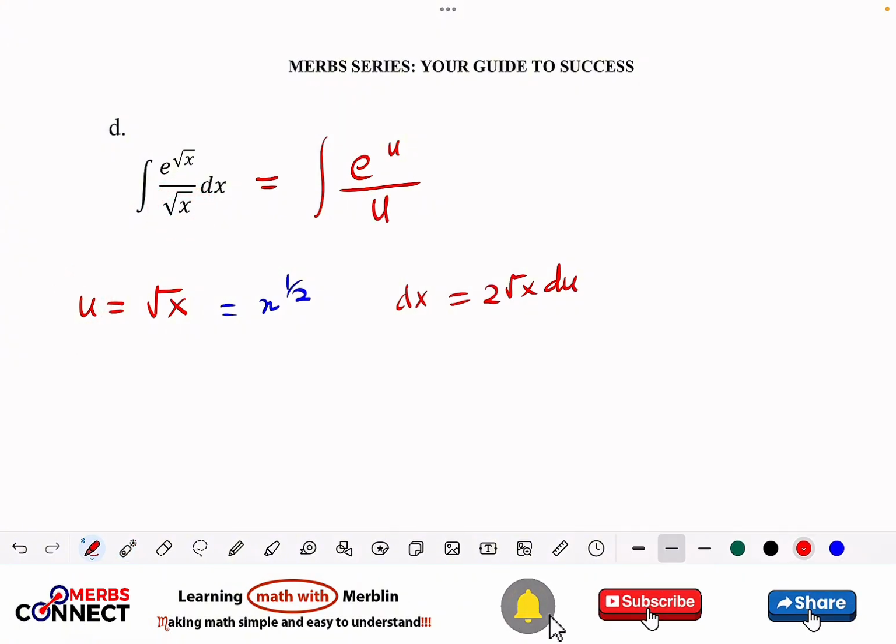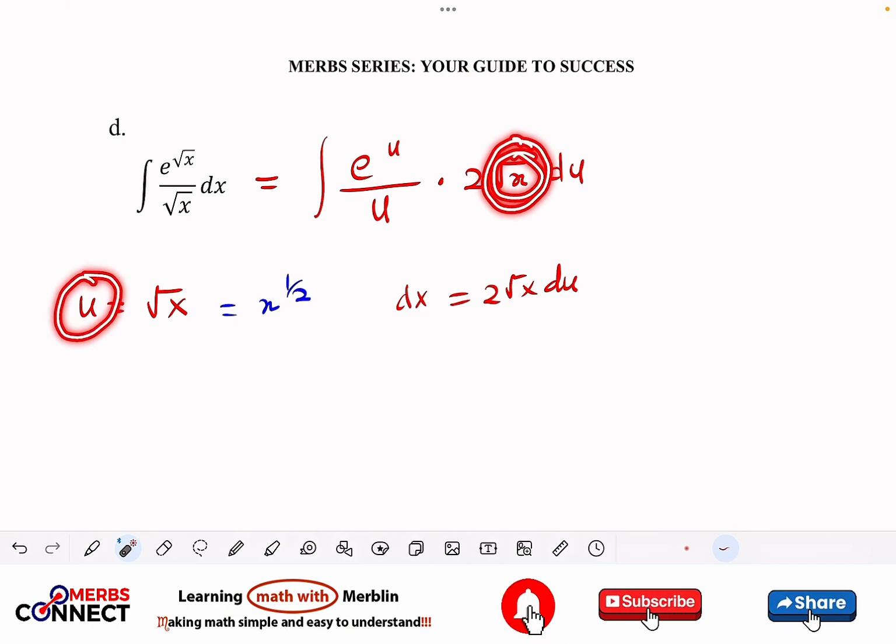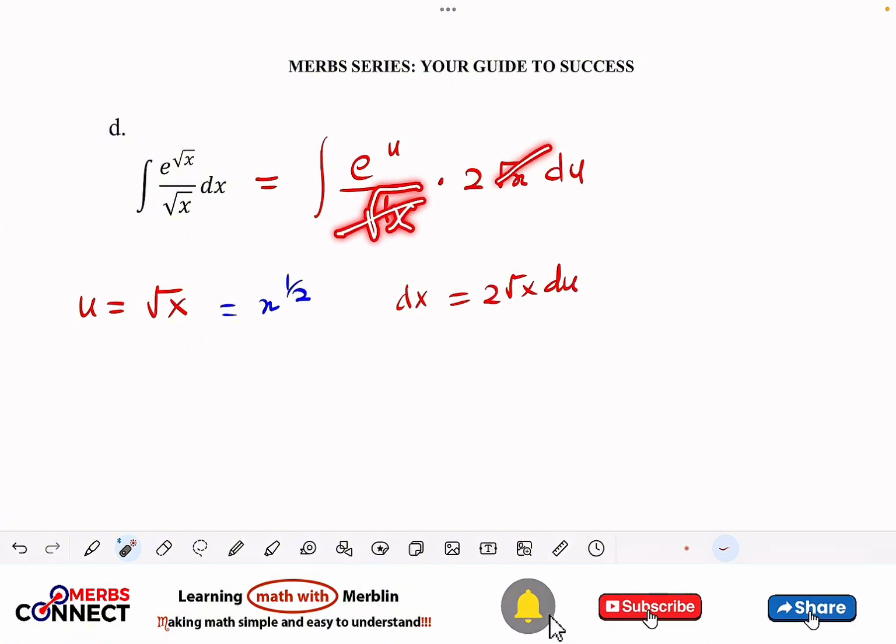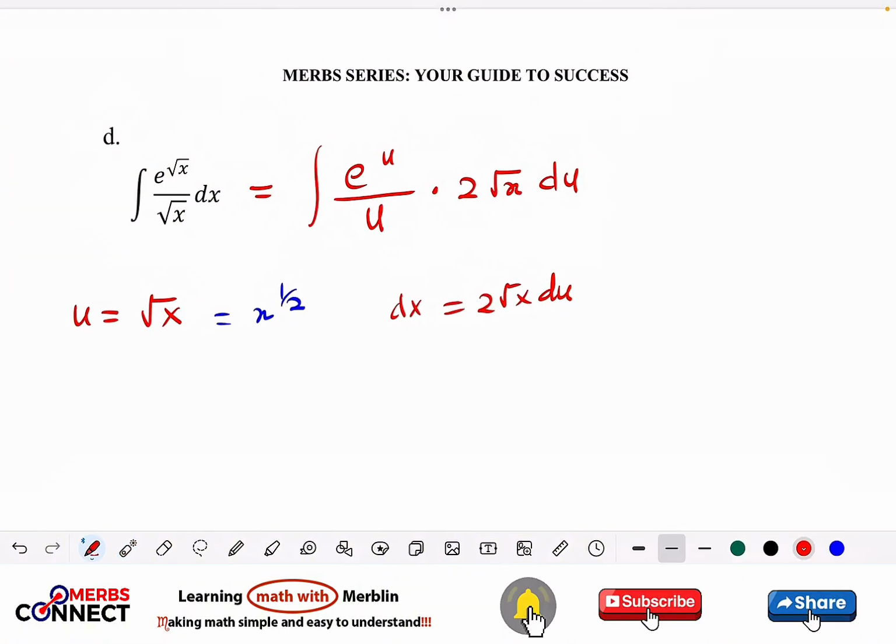So this one is going to be divided by u times, now dx is equal to this, and I'm going to have 2 square root of x du. But mind you, remember, square root of x is also u, so you need to do the substitution again with u here. But if you maintain square root of x, then square root of x will cancel square root of x, so any of them works.